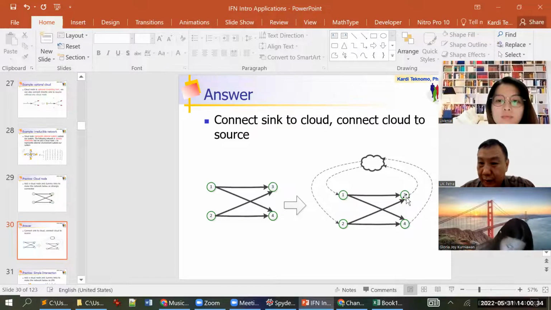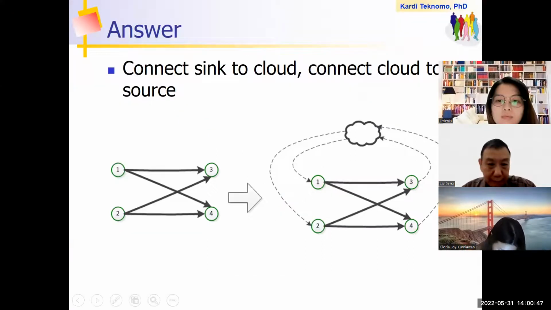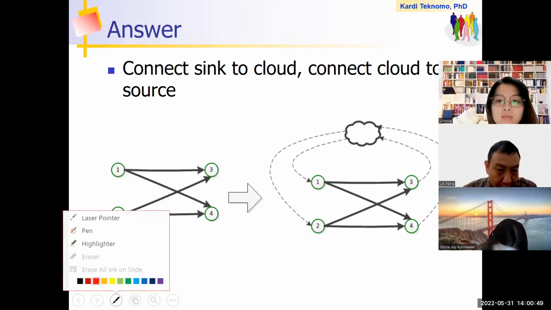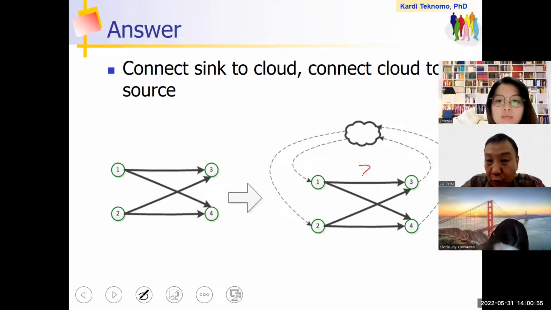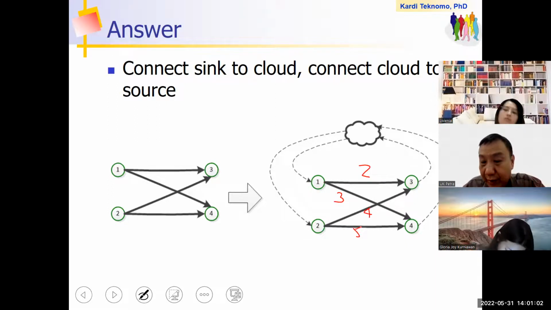The sink goes to the cloud node, and then from the cloud node it goes to the source. For example, I just put numbers here so that you can see. I put any flow here: 2, here 3, here 4, and here 5.